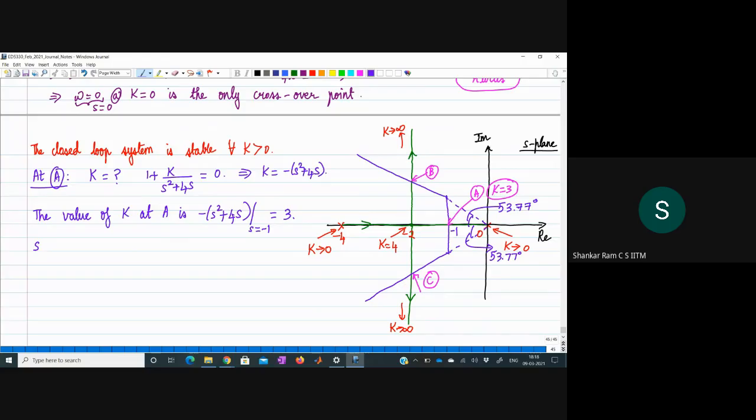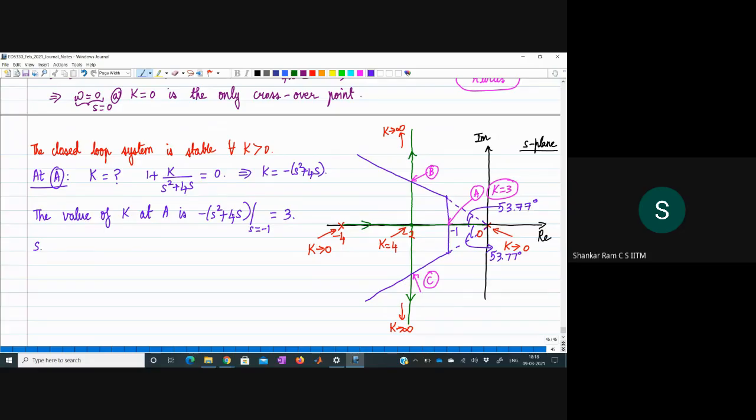So it is enough if I calculate k at point B. The value of k at point C will be the same because, for polynomials with real coefficients, the roots occur as complex conjugate pairs. If I have a root at point B, the corresponding conjugate will be at point C. So the value of k will be the same.